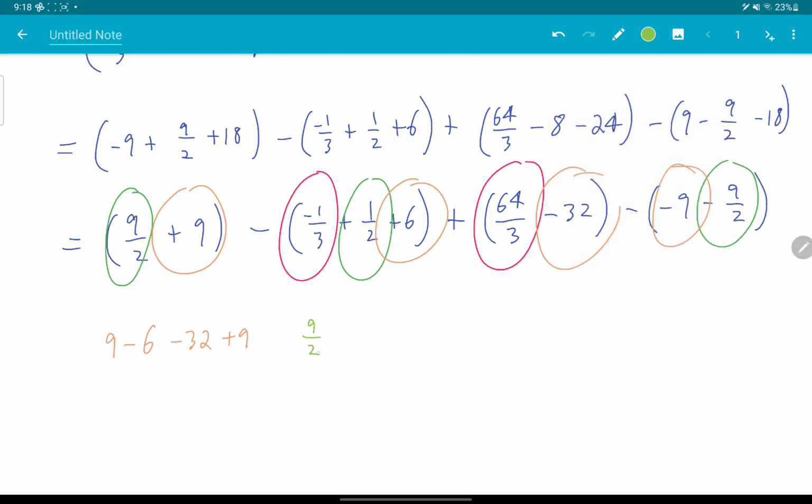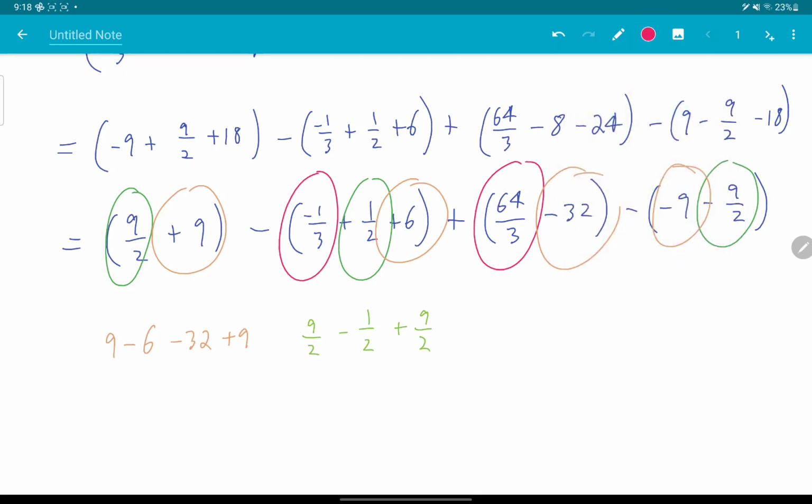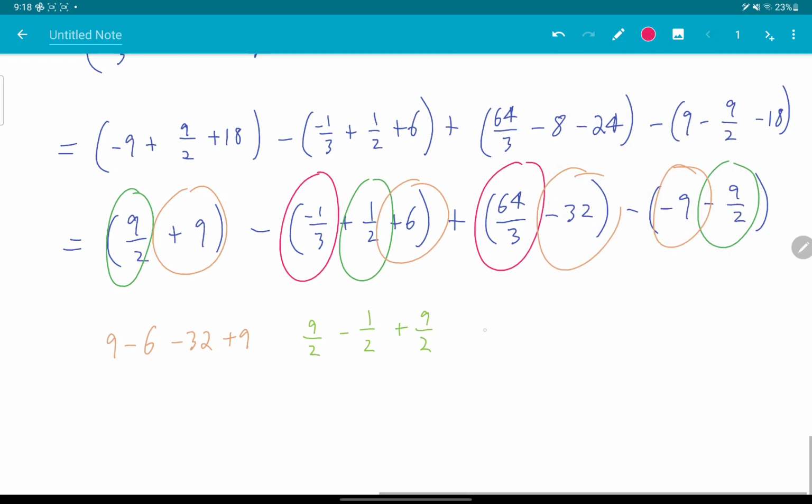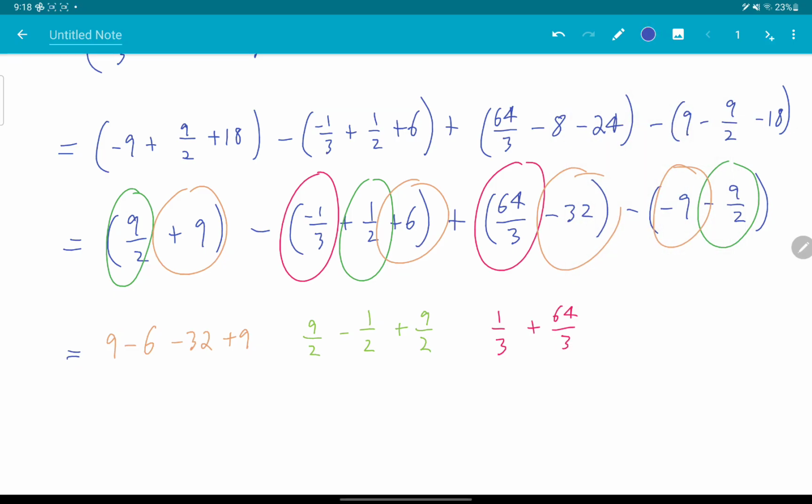Then I got 9 over 2 minus 1 over 2 plus 9 over 2. And finally, in red, I have the denominator 3. 1 over 3 plus 64 over 3. So there's plus signs in between these.